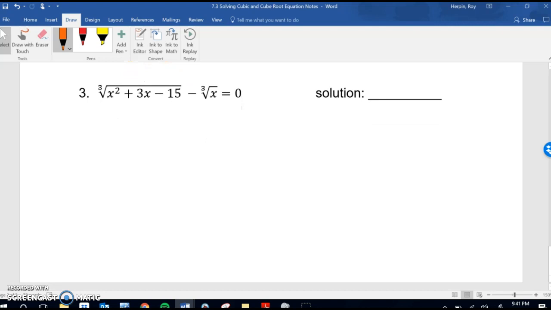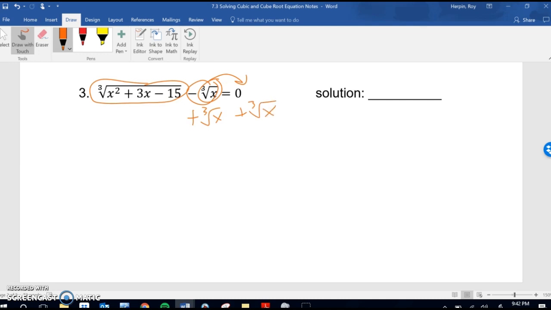Alright, now this one's a little bit more difficult, obviously, but it's not that bad. So I need to isolate the cube root, but you see we have 2 of them. So now all I have to do is move one of them to the other side. This one right here is negative, so I'm going to move that over. I'm going to add cube root of x to both sides.